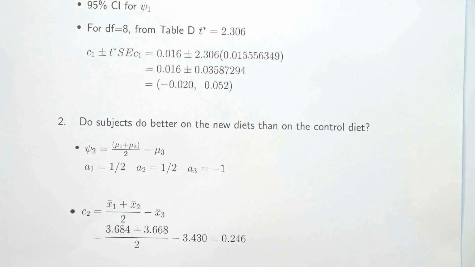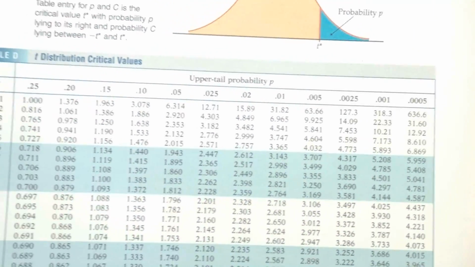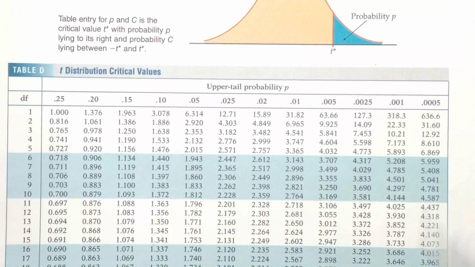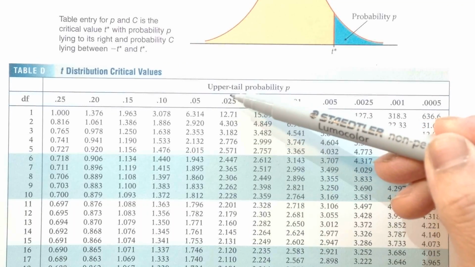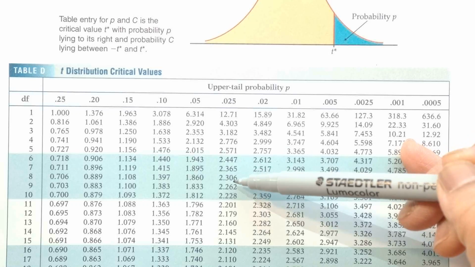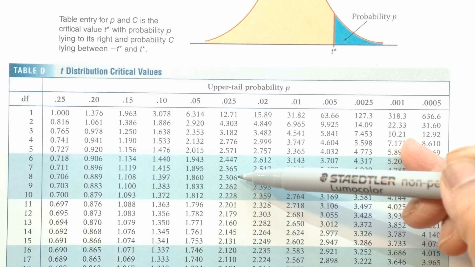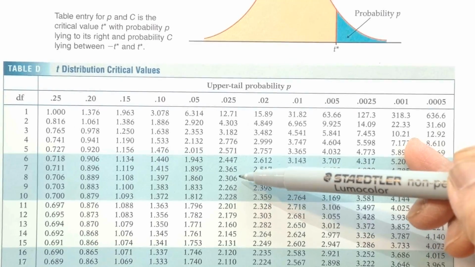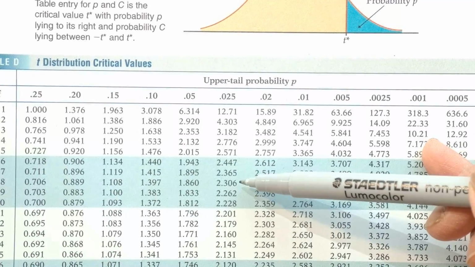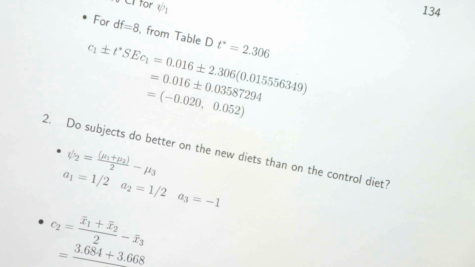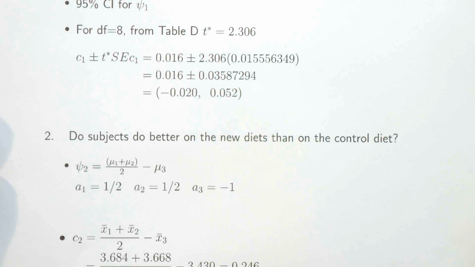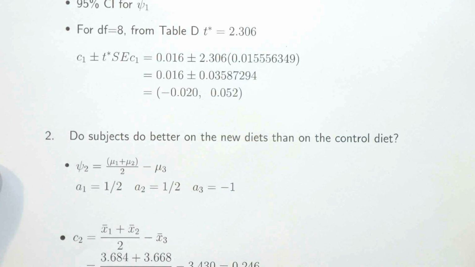If we look that up in our table, what we need for a 95% confidence interval is 0.025 in the upper tail, and that gives us the value 2.306. So that's our t-star.